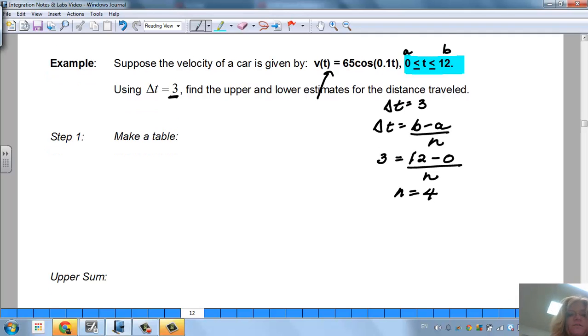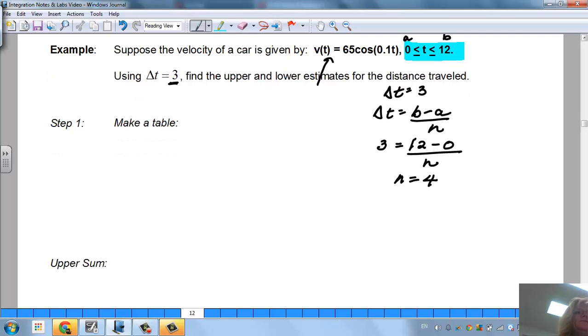If I have 4 subdivisions or 4 rectangles, remember you're going to have 5 columns in your table because you have to have a starting point. If you put this in your graphing calculator, your table goes vertically, but we're going to go horizontally because that's what we're used to. I'm actually going to make 6 columns because I have to have a label.